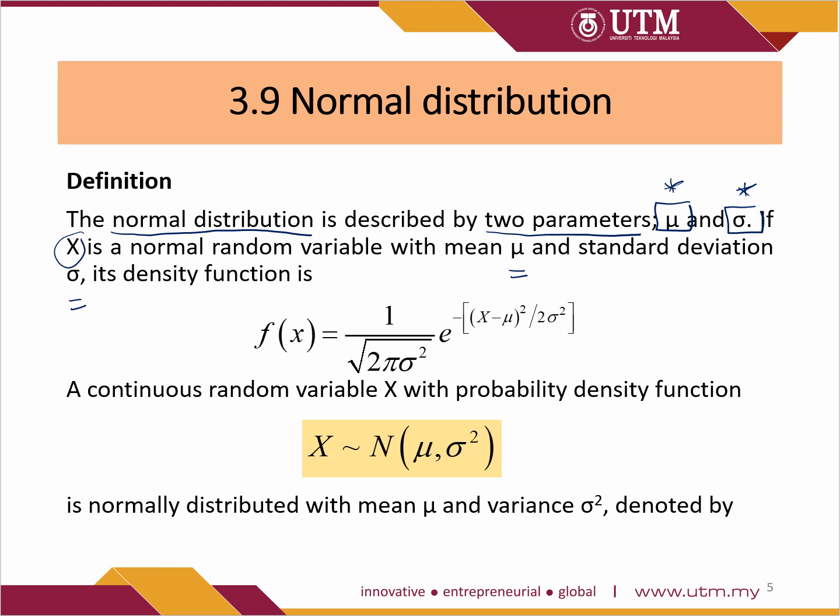Here, N refers to the normal distribution with mean mu and variance sigma square. Meaning that this random variable is normally distributed with mean mu and variance sigma square. And this is the density function of a normal distribution.